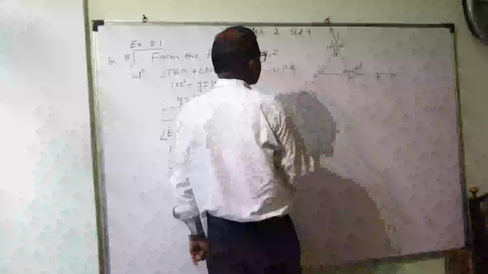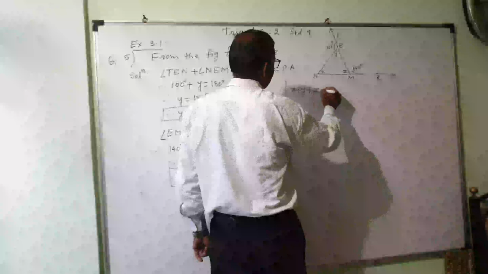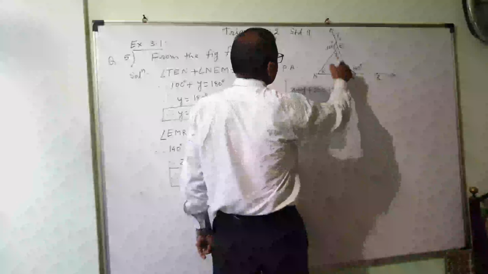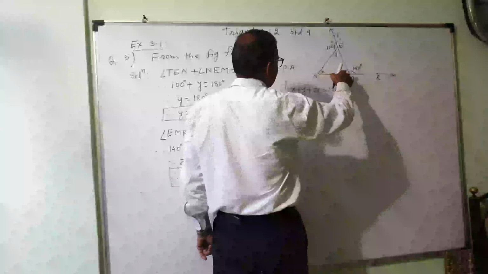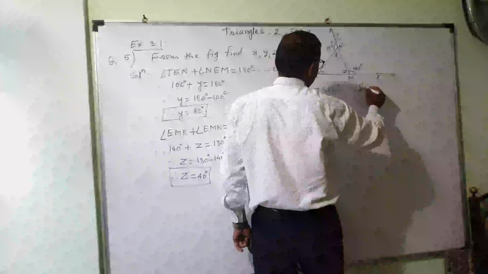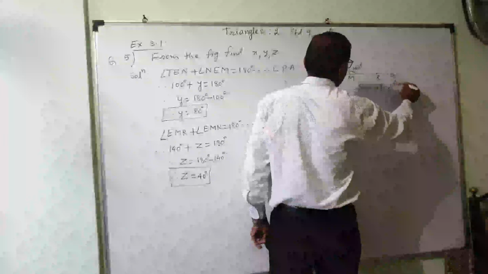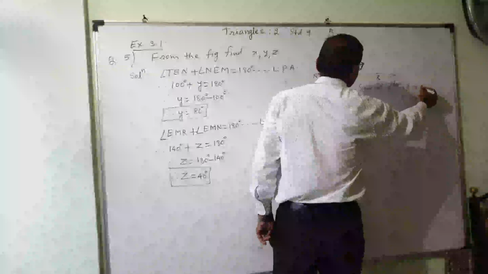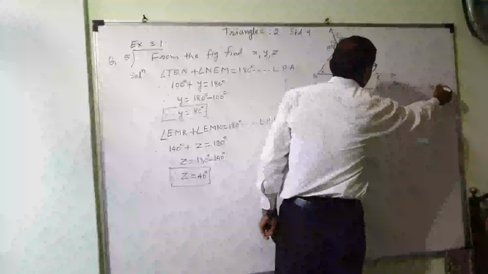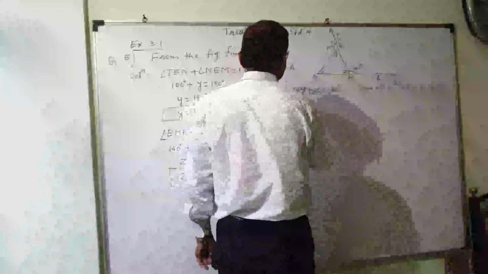Now I want x. X plus y plus z is equal to 180 degree. This angle plus this angle plus this angle is 180 degree. Reason is sum of angles of a triangle. Sum of angles of a triangle is 180 degree. Therefore, x we have to find.